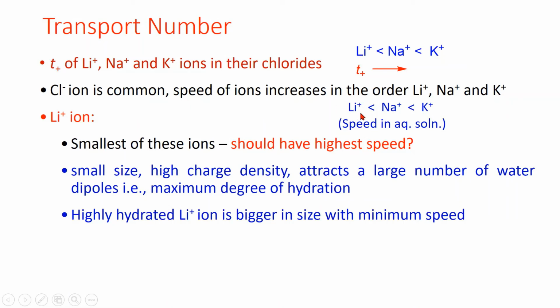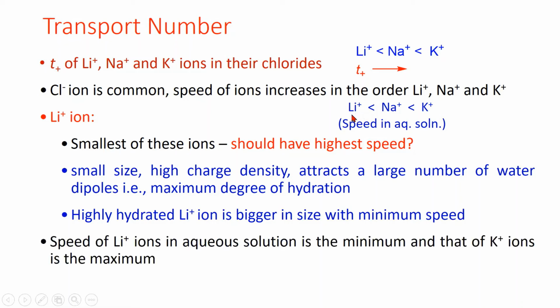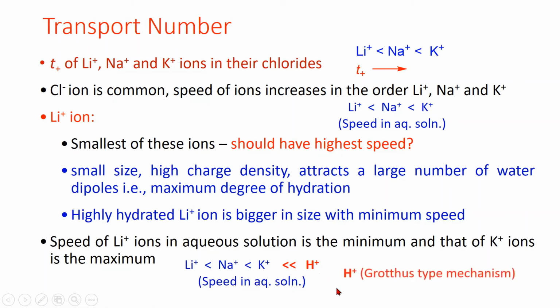Therefore, while it has to move under a potential gradient, it will move with minimum speed. The speed of lithium ions in aqueous solution is minimum and that of potassium ions is maximum. The speed of protons is highest, and we can rationalize this on the basis of the Grotthuss type mechanism where the proton migrates along the hydrogen bonding.